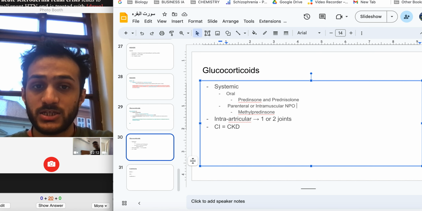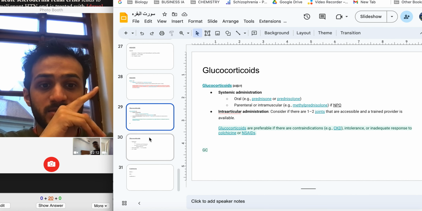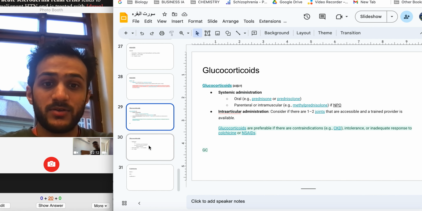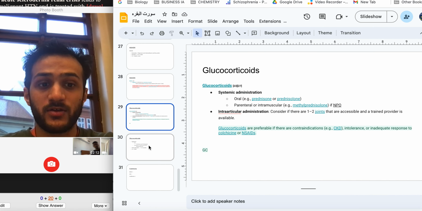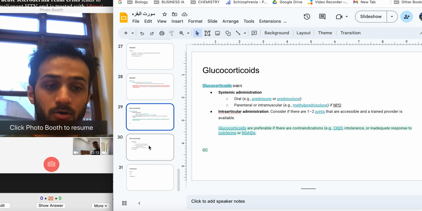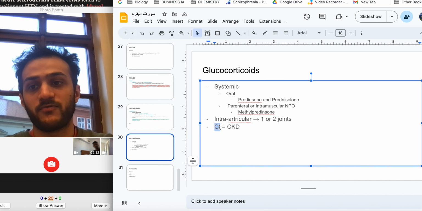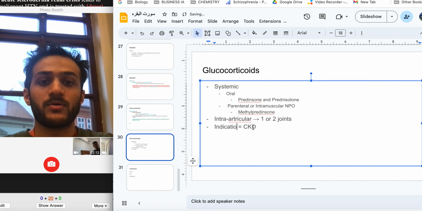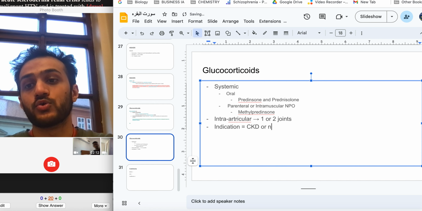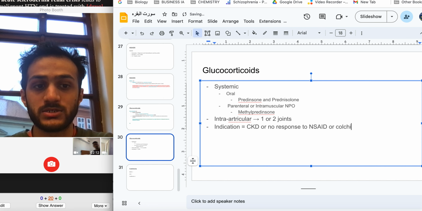The contraindication is not kidney disease. In fact, the indication is chronic kidney disease, or no response to NSAIDs or colchicine.